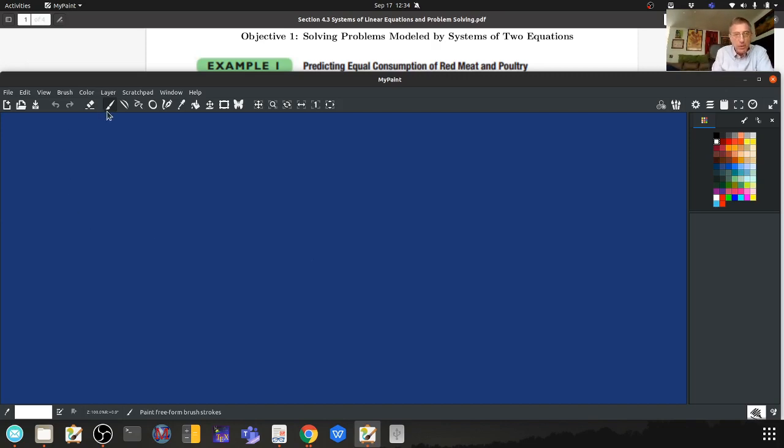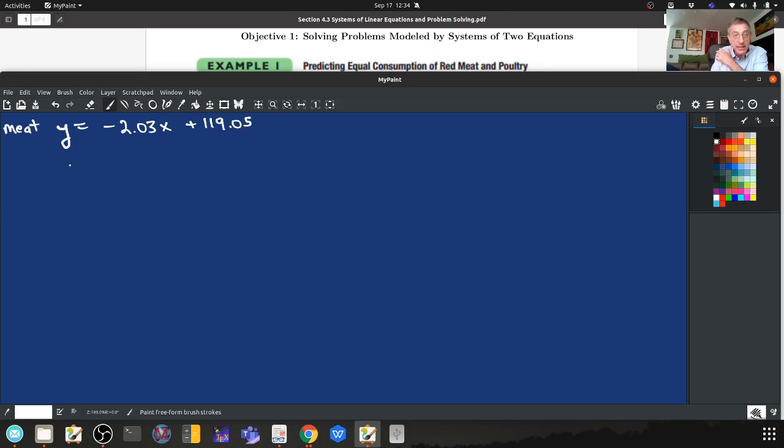But in this case, we're going to look at our 2 equations given, and the top will be for meat. Maybe I should write it in red, but I'm not. y is equal to minus 2.03x plus 119.05.